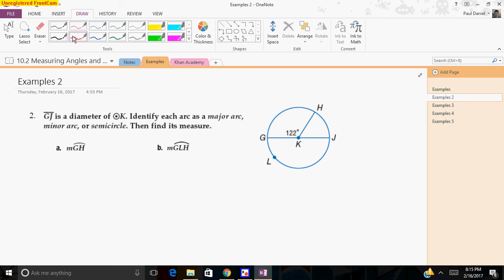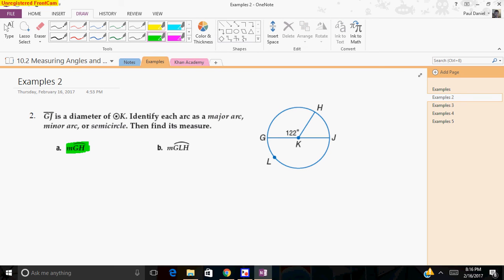It is a diameter. I want to identify each arc as either a major arc, a minor arc, or a semicircle. So first of all, arc GH. What do you think that this arc is? Do we think that this is a major arc, a minor arc, or a semicircle? Well, first I have to decide which way to go. Am I going to go the long way or am I going to go the short way? And how do I know which way to go?